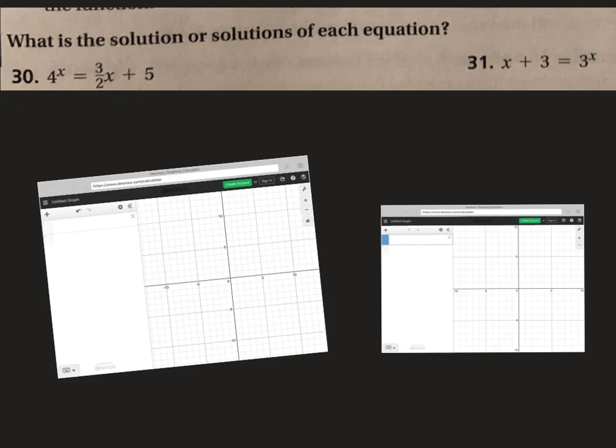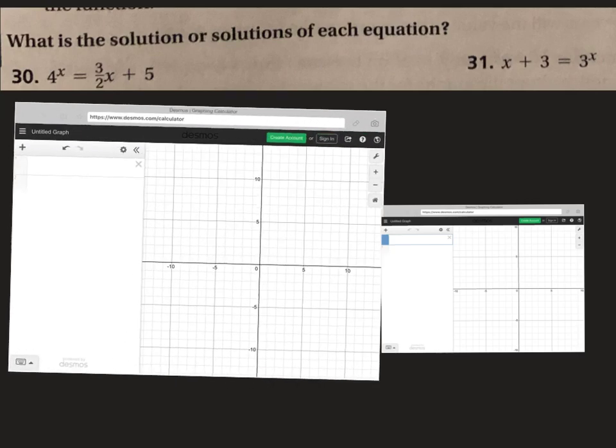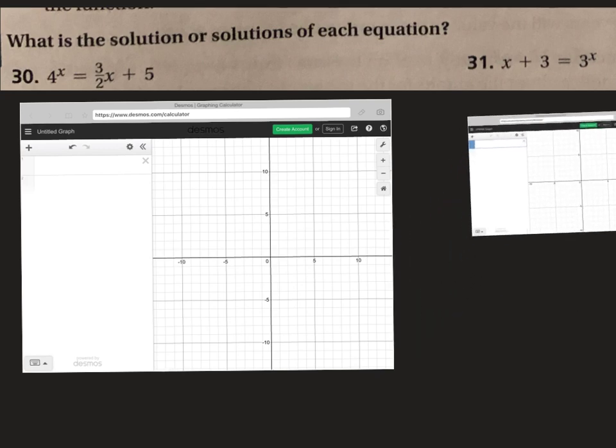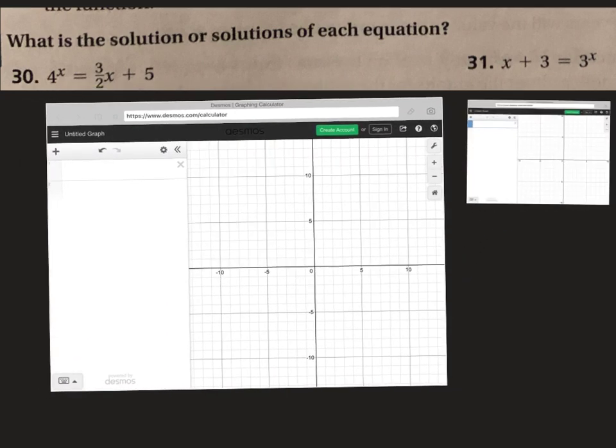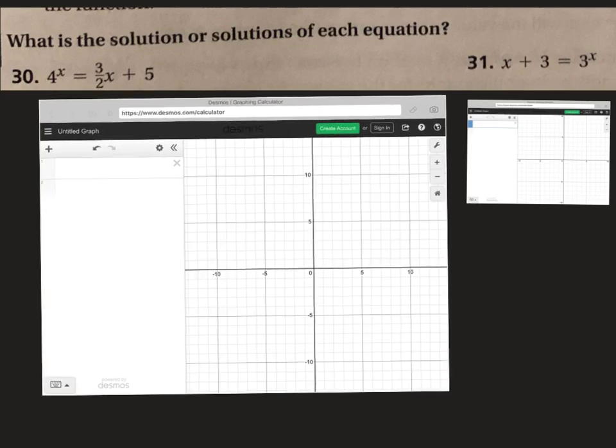So here, what they're asking us to do is they want to know the solutions to each of these equations. So what I went ahead and did, I'm going to make that one smaller. Now, remember we talked about at the beginning of this that you're going to take each equation and graph them separately.